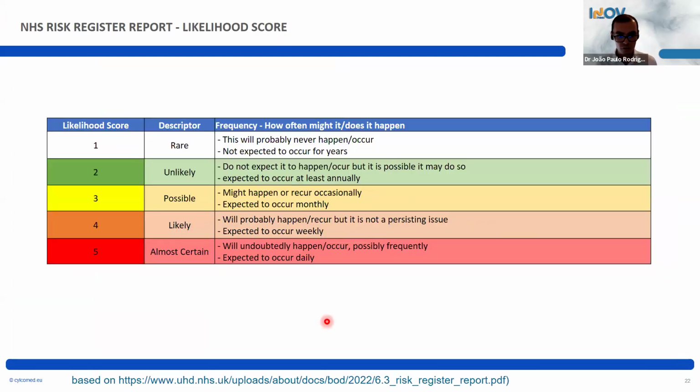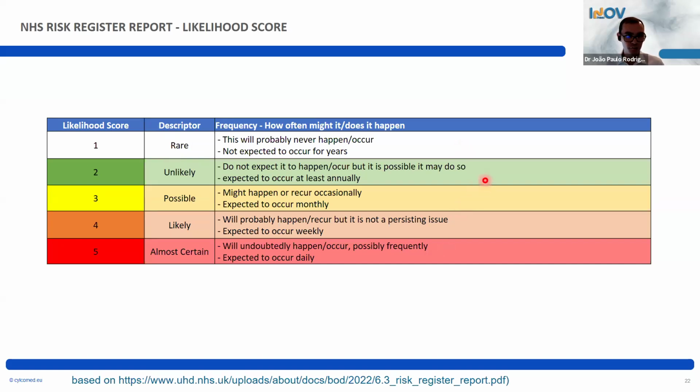As for the likelihood score, again, this is the example from the same source, where we have the likelihood score from 1 to 5, and the frequency of occurrence, or the probability of it happening. We have the descriptor of rare: this will probably never happen or occur, or it is not expected to occur for years.